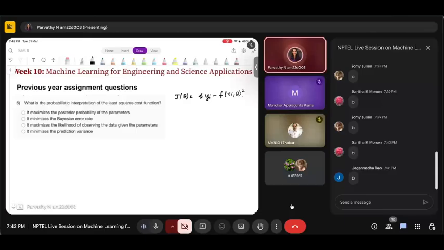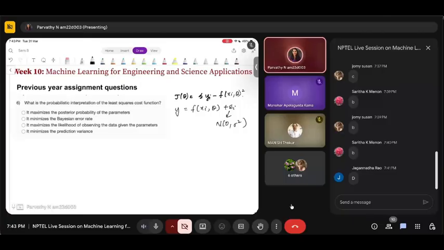So J of theta is sigma of yi minus f of xi comma theta, the whole square. So we model the target variable as f of xi comma theta plus some error value. And this noise is assumed to be Gaussian noise with zero mean and variance sigma square.